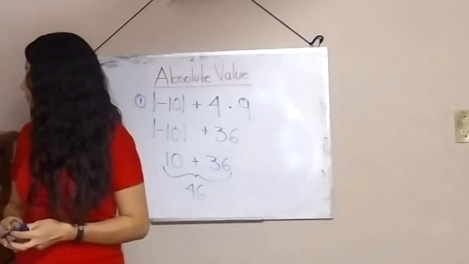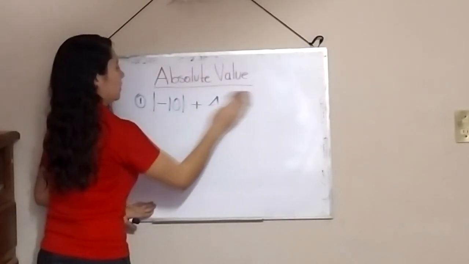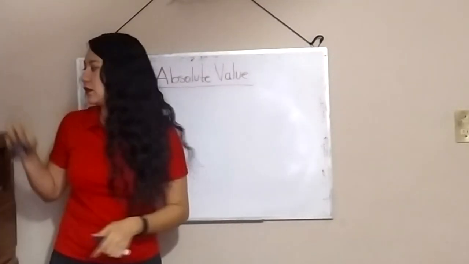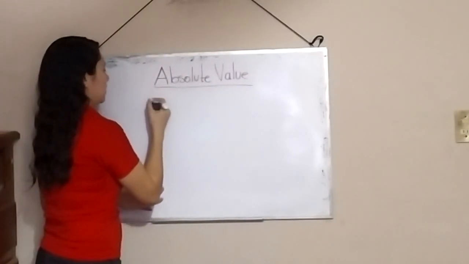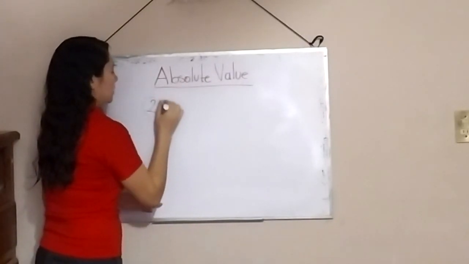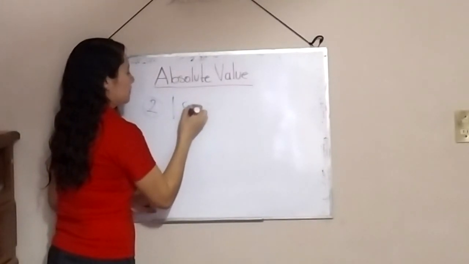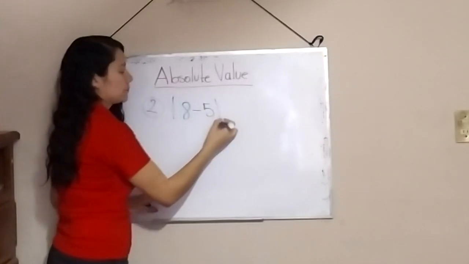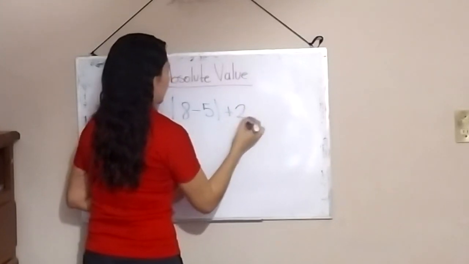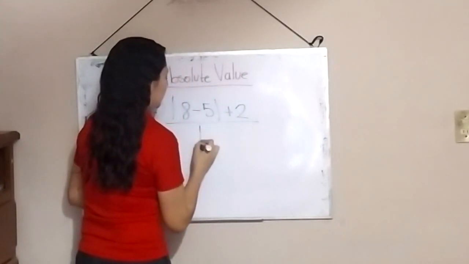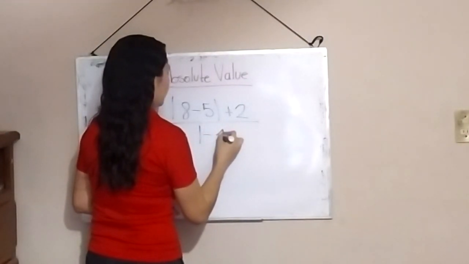In our second example, we have a division. The division states the absolute value of 8 minus 5, plus 2, divided by the absolute value of negative 4.